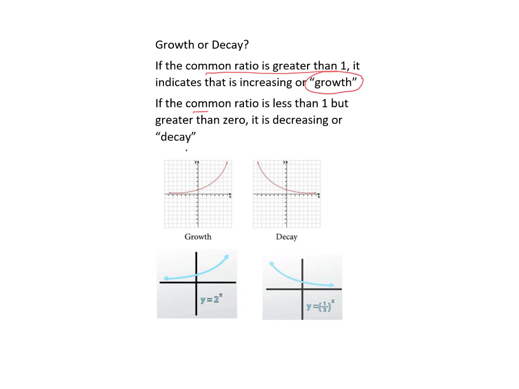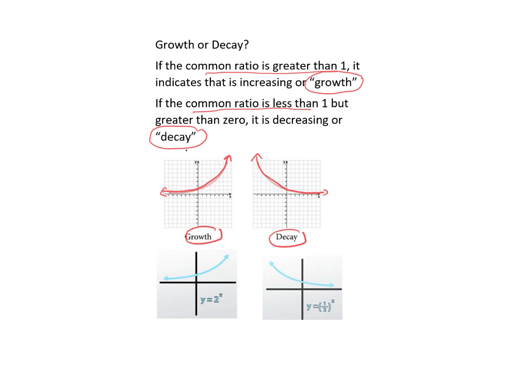If the common ratio is less than 1 but greater than 0, then we know it is decreasing, and sometimes we call that decay. So graphically, when I look at a graph that's going up, which is increasing, I know that's going to be growth. If it goes down, decreasing, I know it's going to be decay.